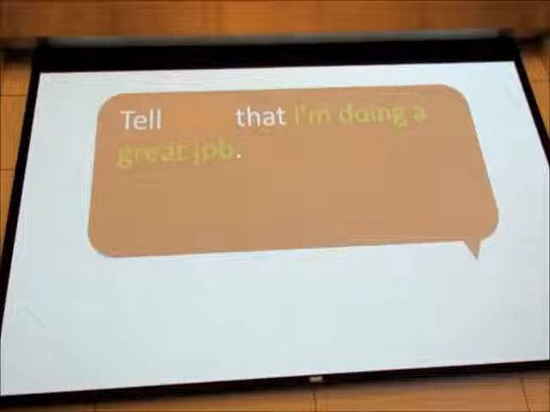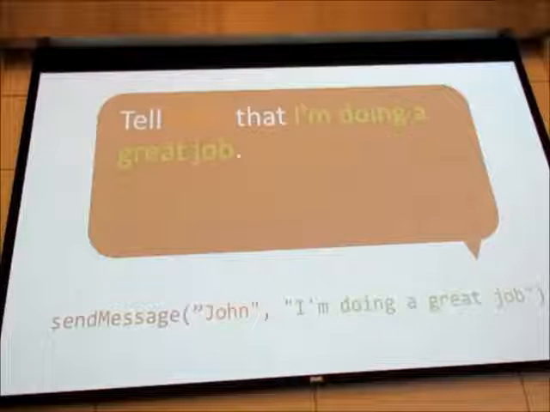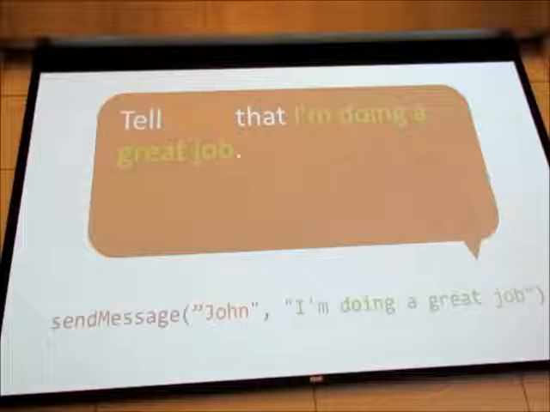And we have a couple of entities, where John is the guy that I need to send the message to, and I'm doing a great job is the message itself. Here we can basically just use some kind of method in order to send this, like send message, and we pass John as a receiver, and I'm doing a great job as a message.